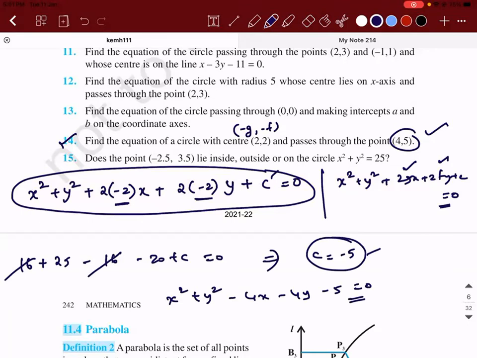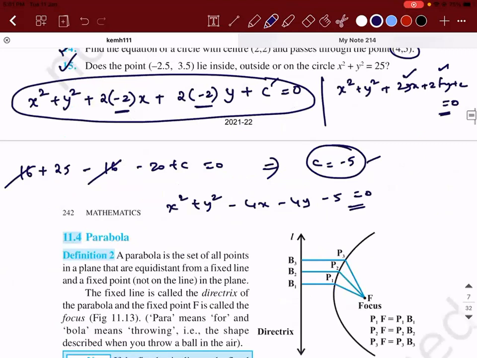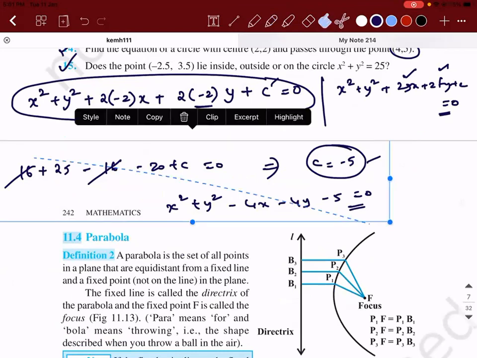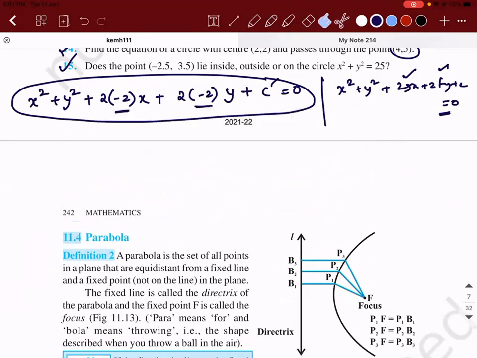Now, the 15th one. Does the point minus 2.5 comma minus 3.5 lie inside, outside, or on the circle? What is the logic? If I have a circle, the equation is given.